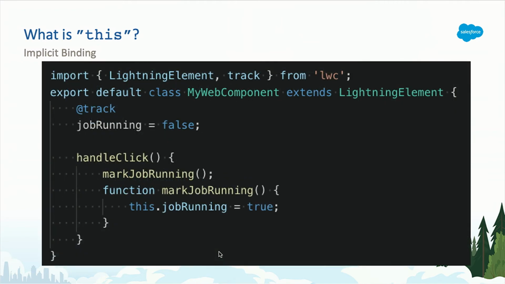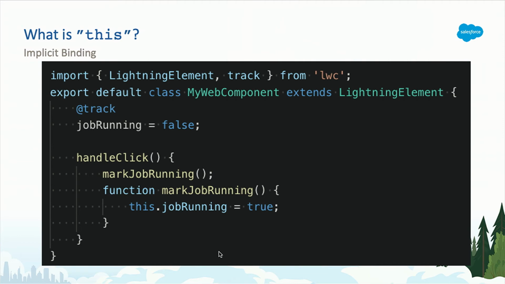Let's take the same function, but this time I'm going to set jobRunning inside another function. I'm just going to nest it inside and put it somewhere else. When we call handleClick, that calls markJobRunning. However, markJobRunning is not being called with new binding, so new binding is not in effect.